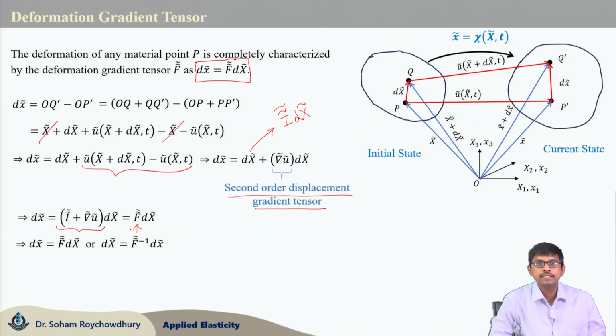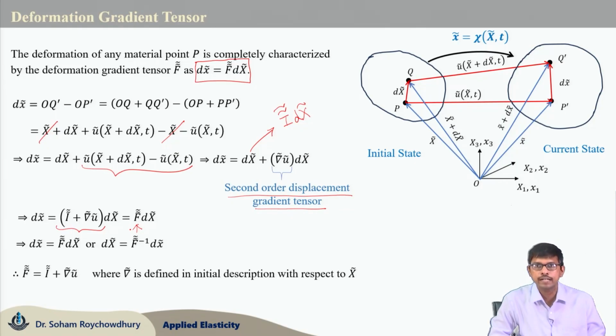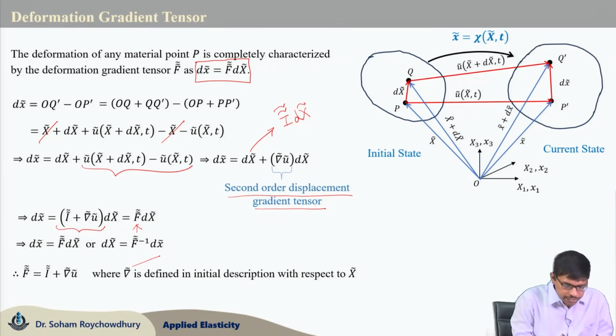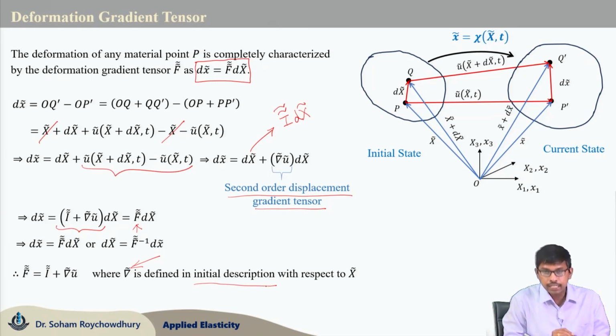So, dx is F times dX, or dX can be written as F inverse acting over dx, where F equals I plus gradient of u, and this gradient operator is defined in the material or initial description.